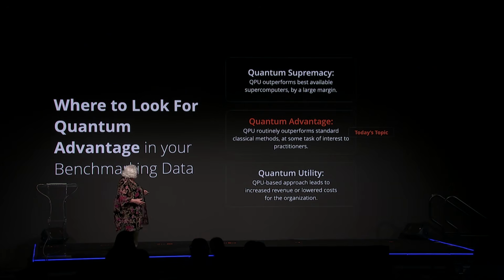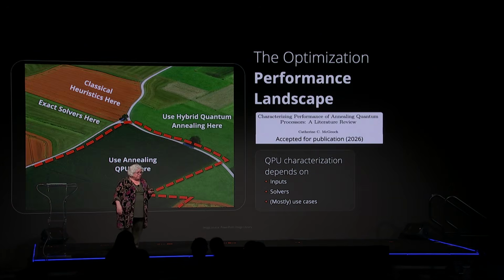So I want to talk about quantum advantage today. Basically, in optimization research, the idea is not so much about winning a race, but about characterizing the performance landscape. You've got a big set of possible optimization problems and use cases, and you're trying to find boundaries: when would you want to use this kind of solver as opposed to that kind of solver.